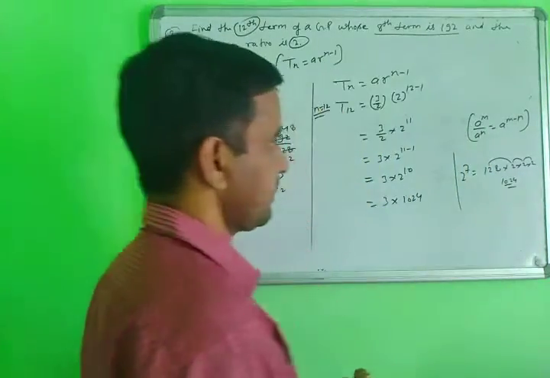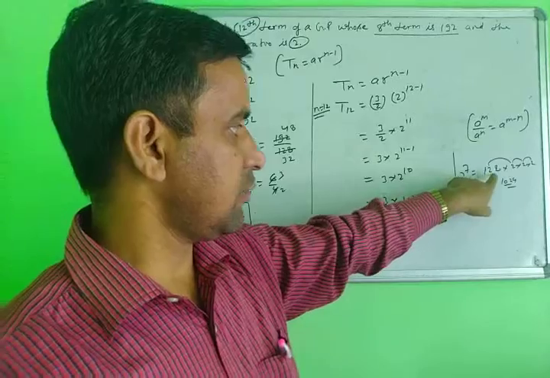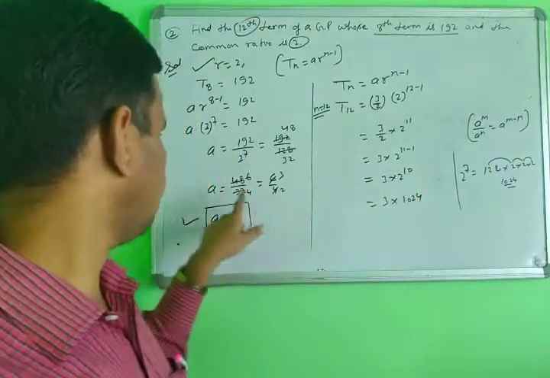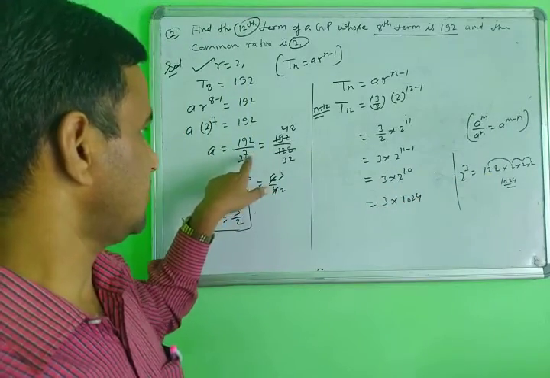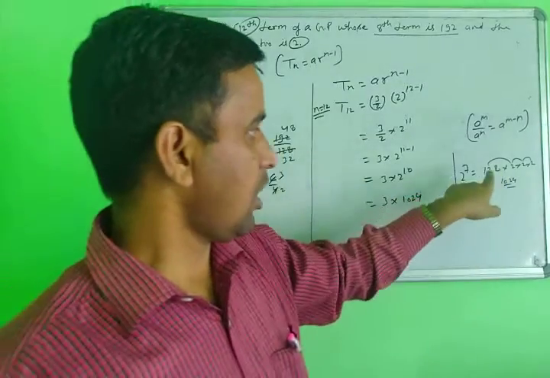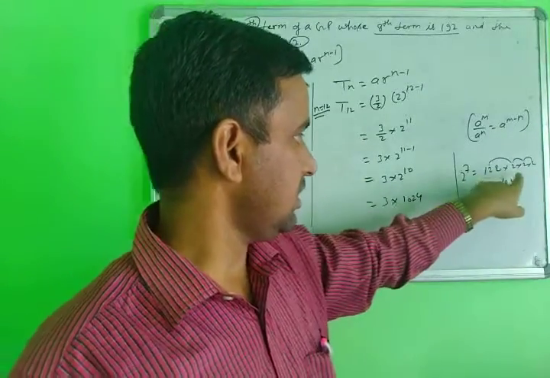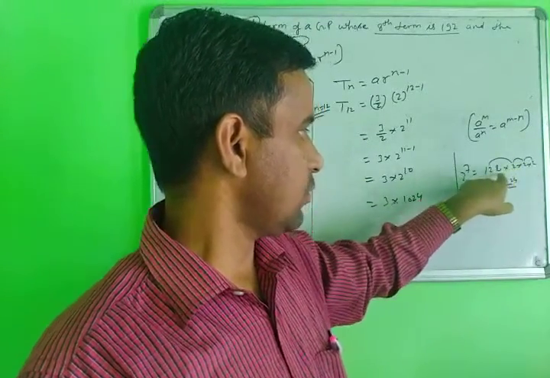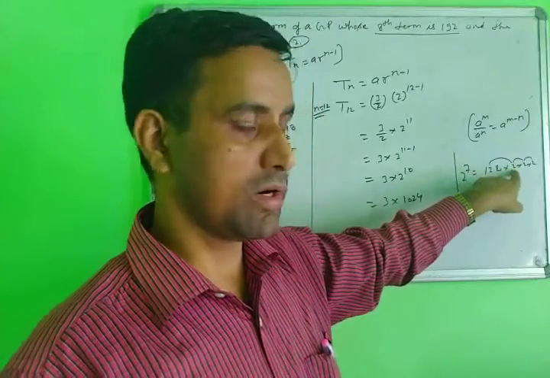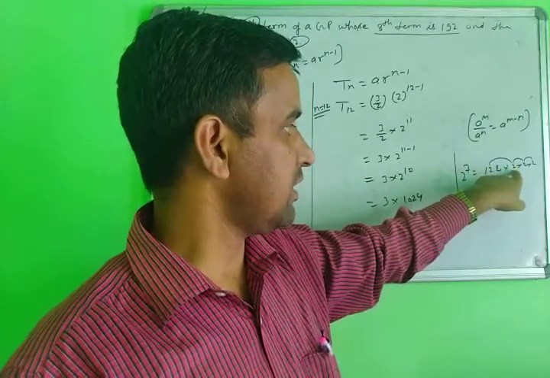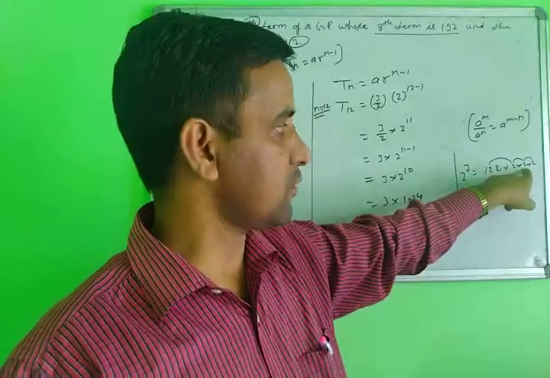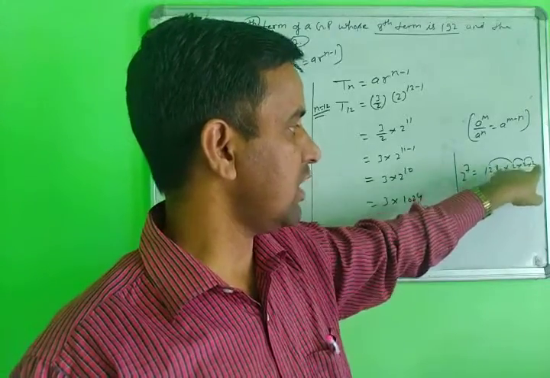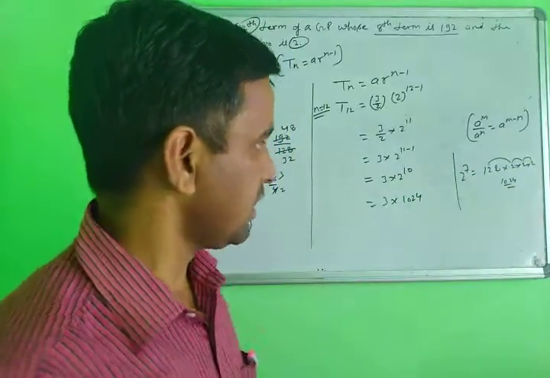We already have 2 exponent 7 as 128. How many more are required? 8, 9, 10, three more. 128 times 2 is 256, 256 times 2 is 512, and 512 times 2 is 1024.